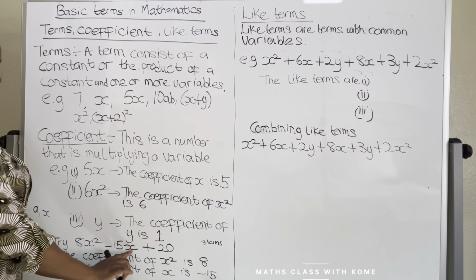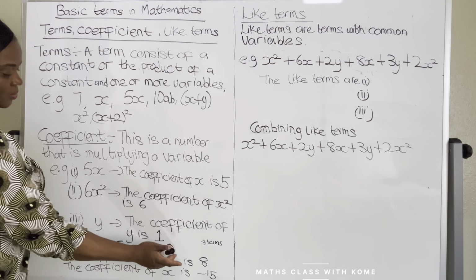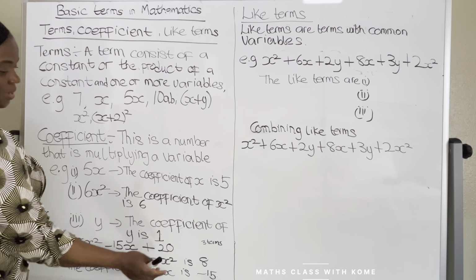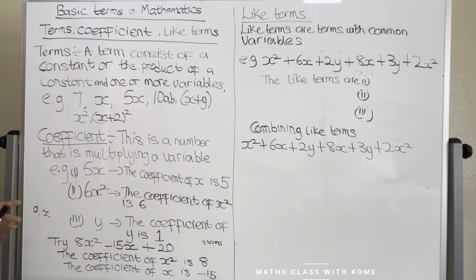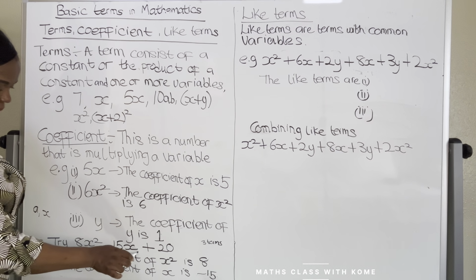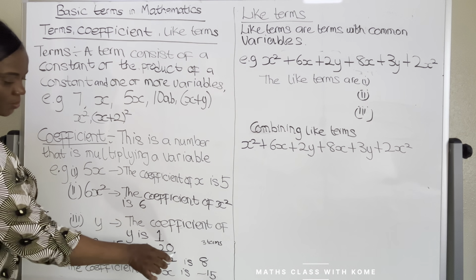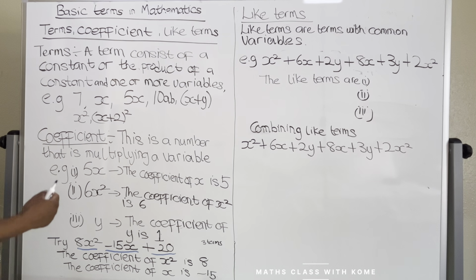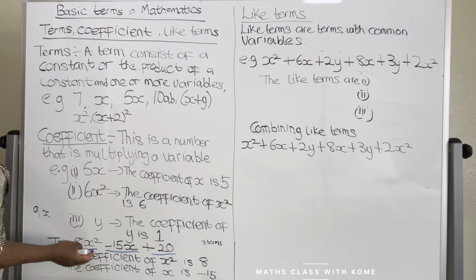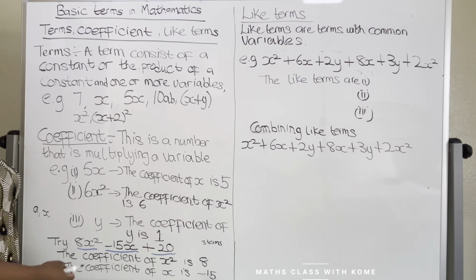Minus 15 is multiplying x, while 20 here is a constant. Take note, in this particular expression, there are 3 terms. 8x squared is a term, minus 15x is a term, 20 is a term. So we are going to consider these separately.